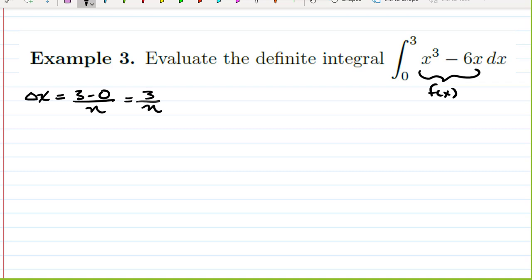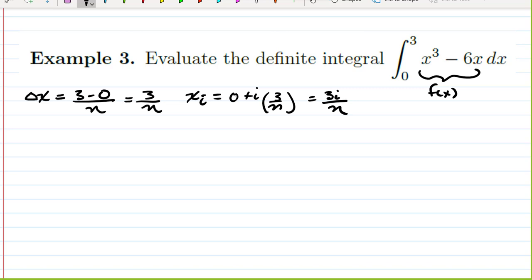And then our x sub i is equal to a plus i delta x. So our a is 0 plus i times delta x, which is 3 over n. So we get 3i over n for our x sub i.